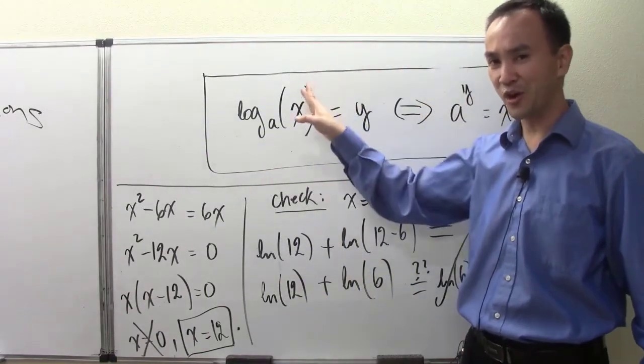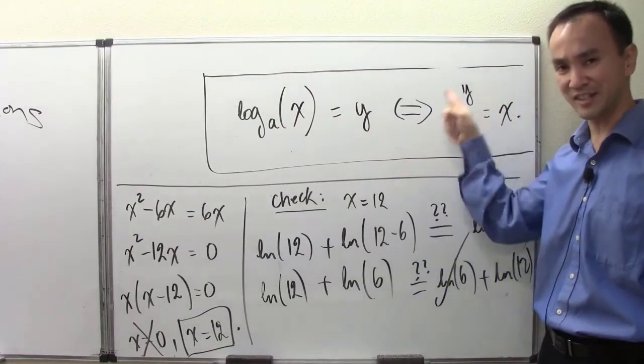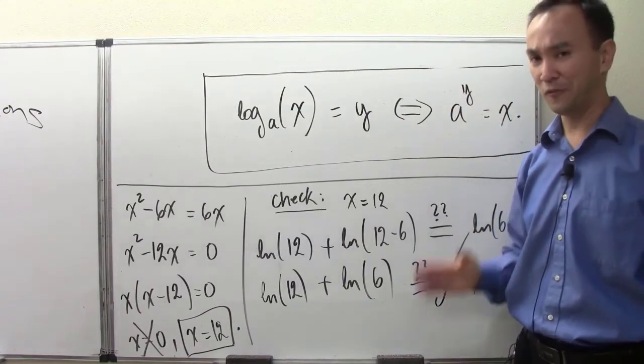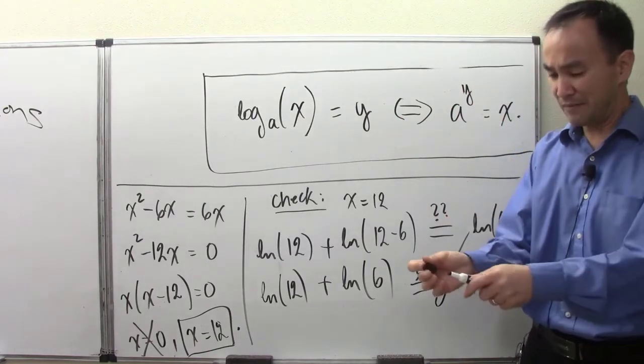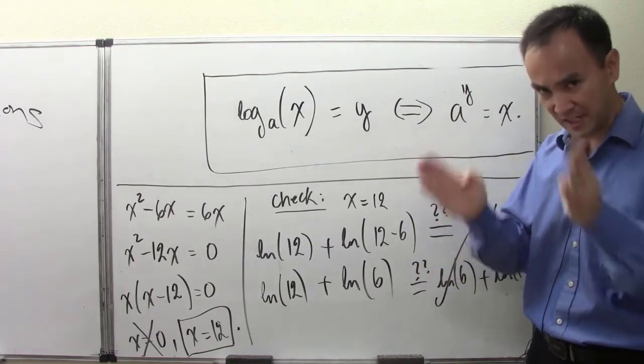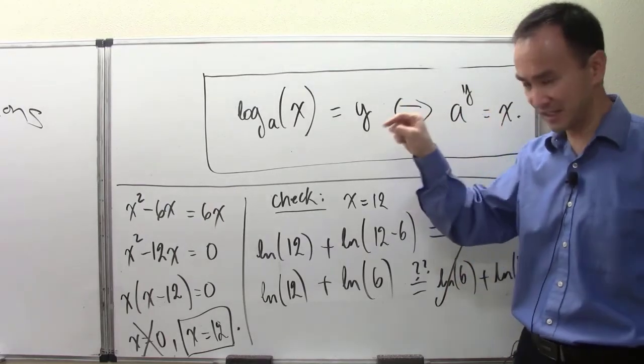Anytime we have an equation in logarithmic form, then we can rewrite it as the same equation in exponential form right here. So I'm among the rare people who reserve that special name for a class like that.